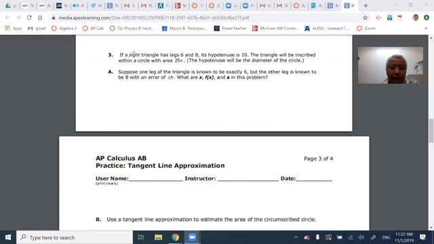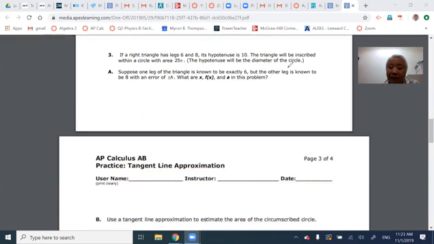If a right triangle has legs 6 and 8, the hypotenuse is 10, right? The triangle will be inscribed within the circle of the area of 25 pi.